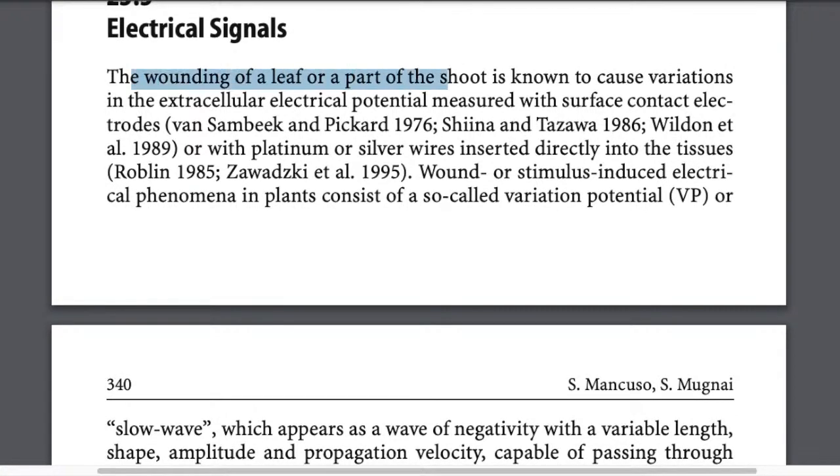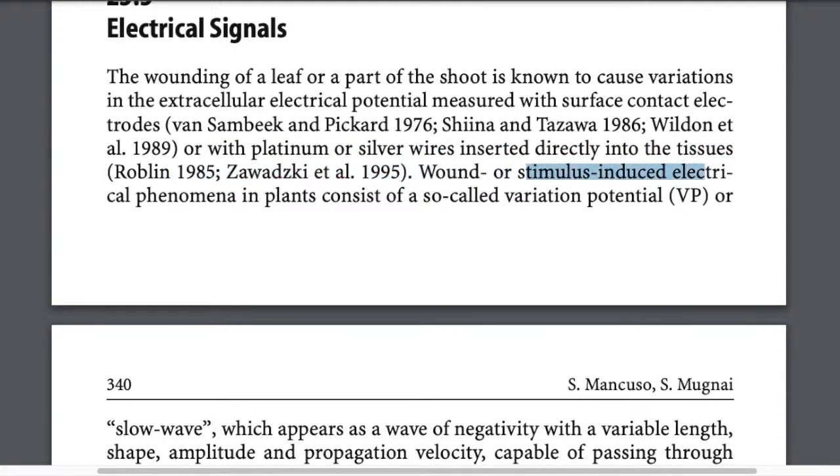Wounding of a leaf or part of the shoot is known to cause variations in the extracellular electrical potential, measured with surface contact electrodes, this is 1976, 1986, 1989, or with platinum or silver wires inserted directly into the tissues, that's 1995.